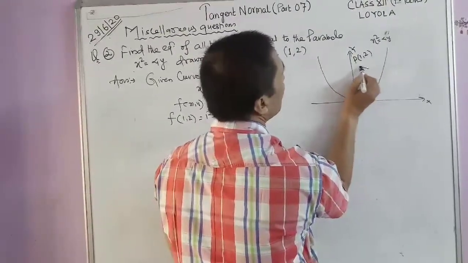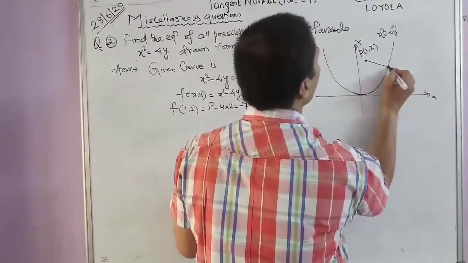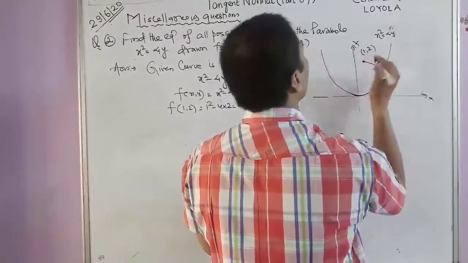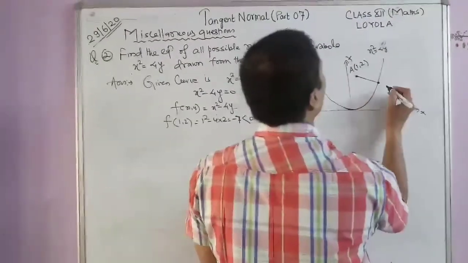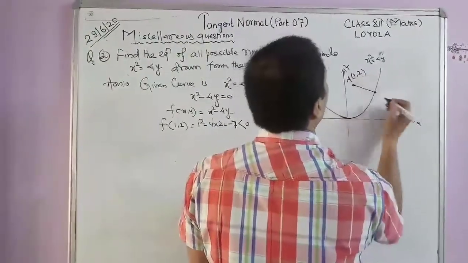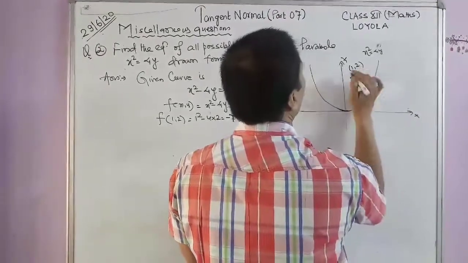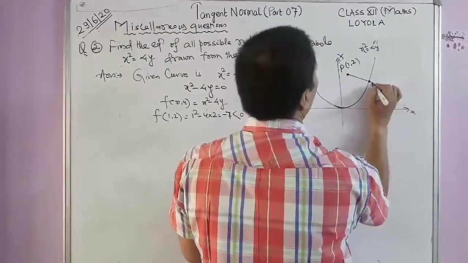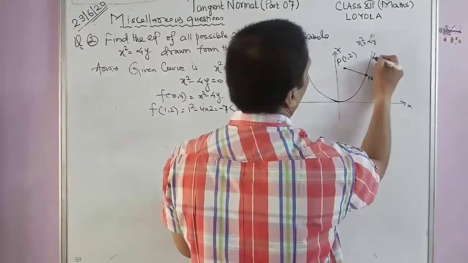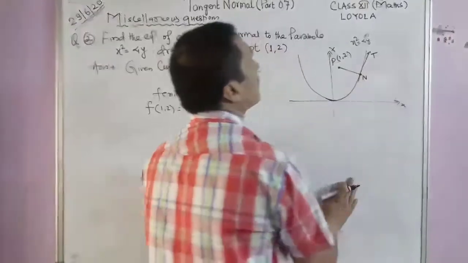We consider a normal at first, taking this point A, or P, N. Obviously, this is the tangent here.